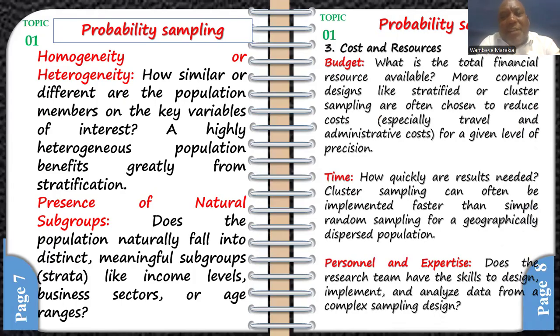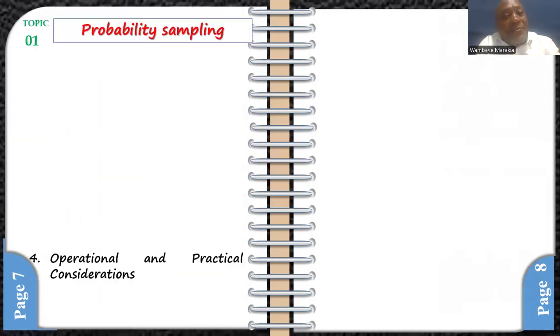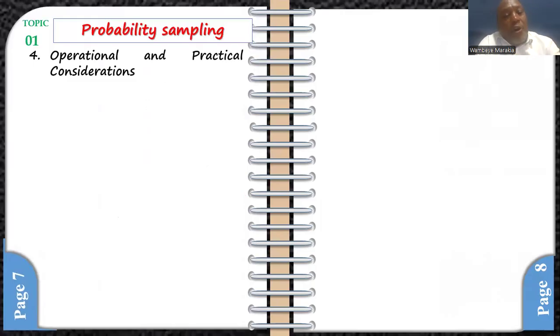Cluster sampling can often be implemented faster than simple random sampling for a geographically dispersed population. Also, personnel and expertise. Does the research team have the skills to design, implement, and analyze data from a complex sampling design? We move on to factor number 4, operational and practical considerations.